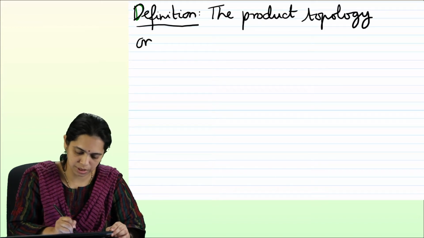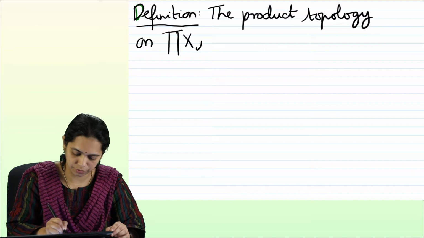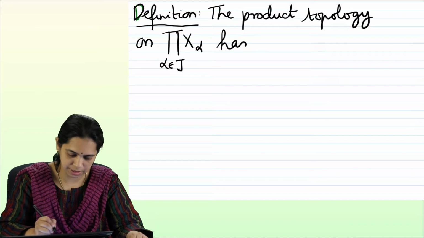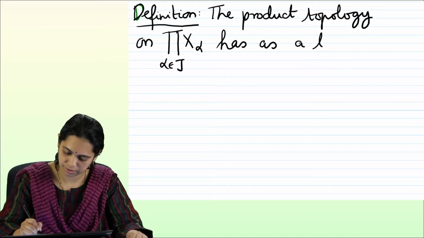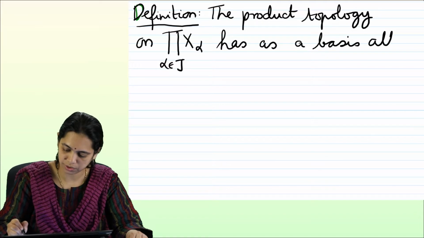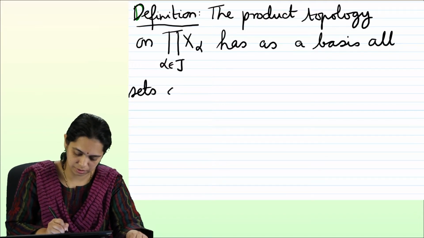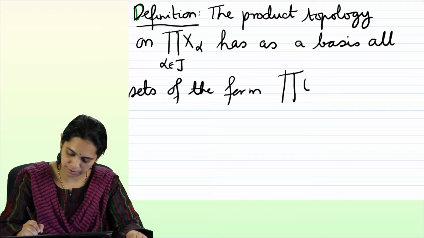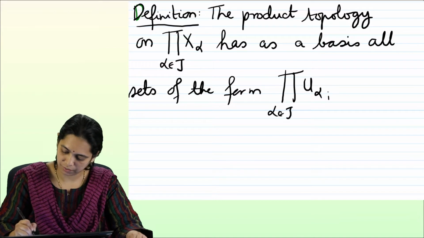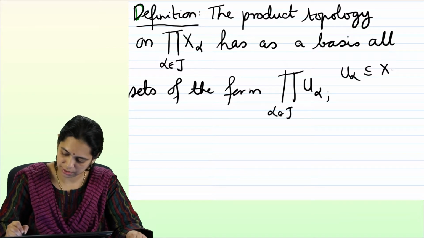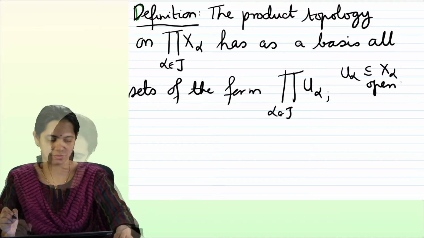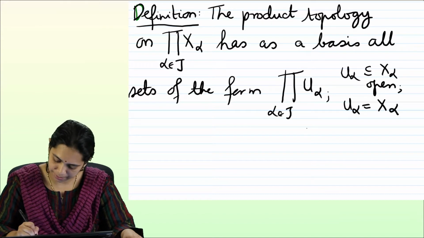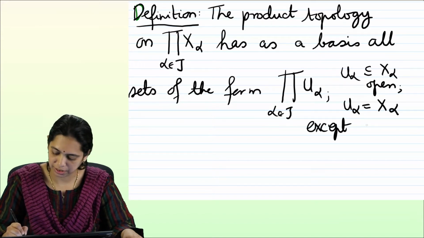So, the product topology on the product of topological spaces indexed by a set J has as basis all sets of the form product U alpha, alpha varies over J, where U alpha are open subsets of X alpha, and U alpha is equal to X alpha except at finitely many alpha.